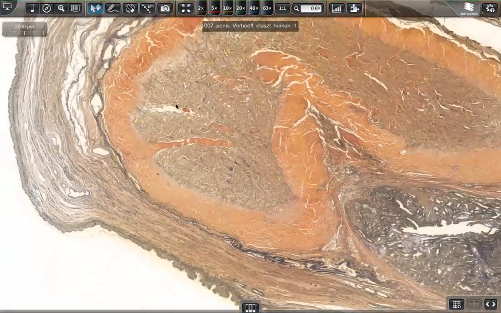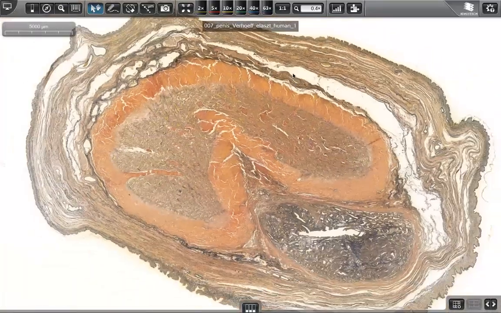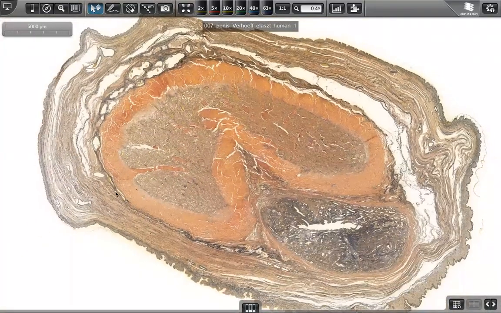But that side is much better. So this is an artery. The arteries are located at both sides of the corpora cavernosa, just underneath the penile fascia. And on the dorsal surface, we have the lumens of one vein, the dorsal penile vein, but many sub-branches of it are present.